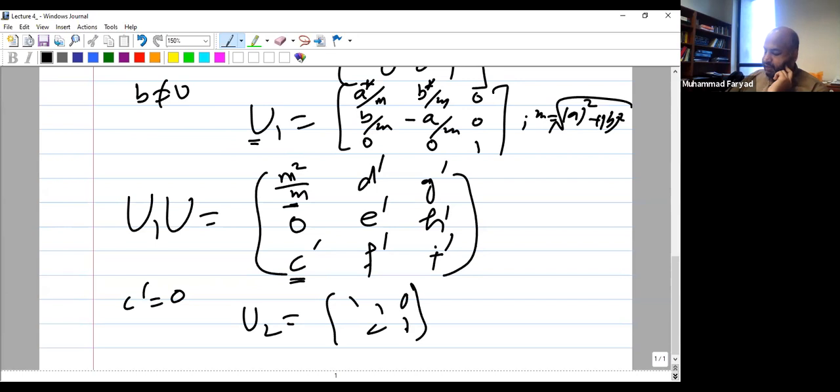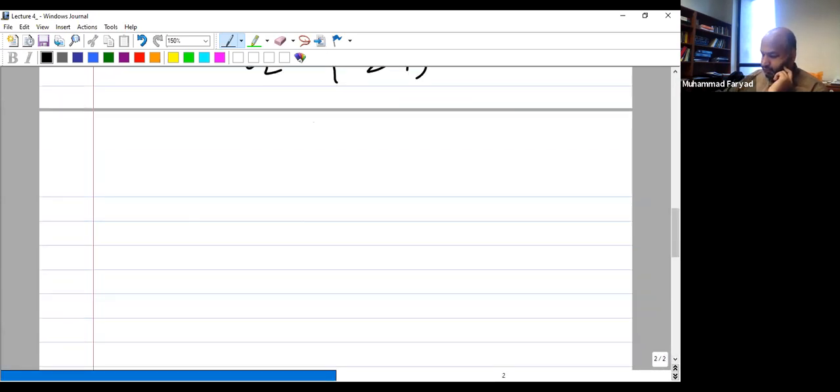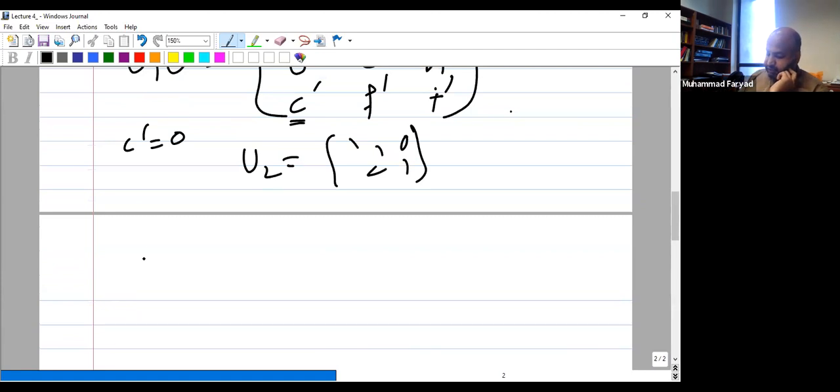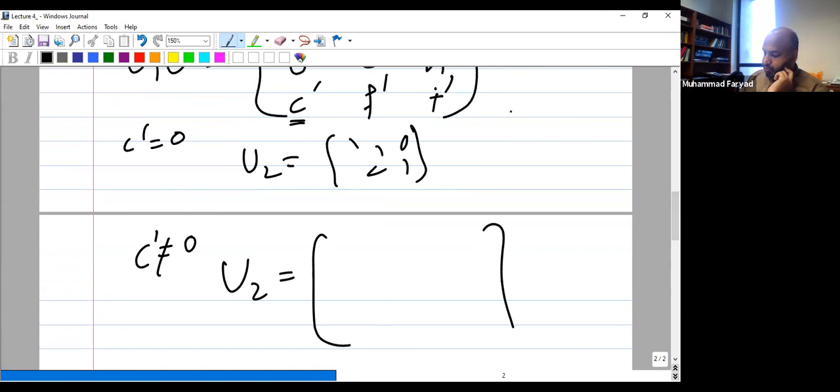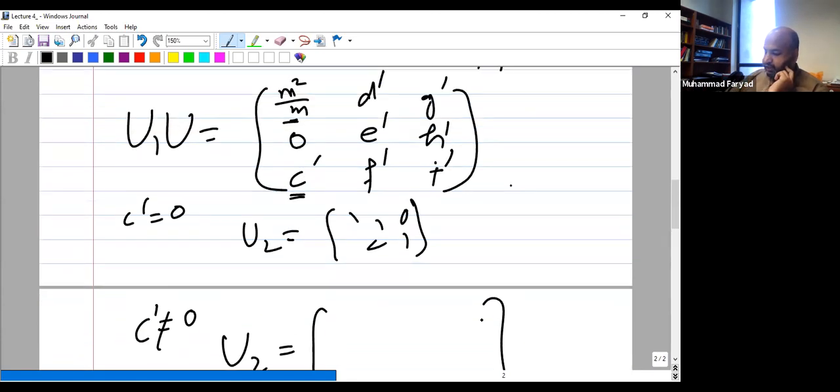But if C prime is not 0, then I'll have to come up with a matrix U2 such that I can make this 0.